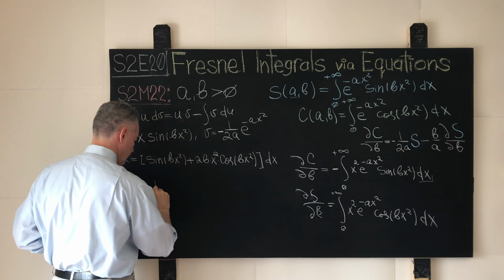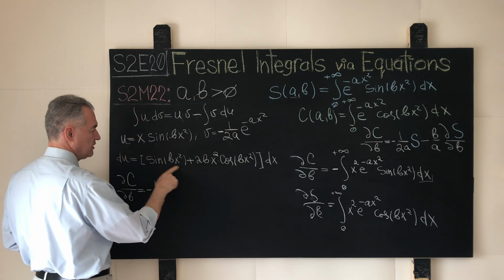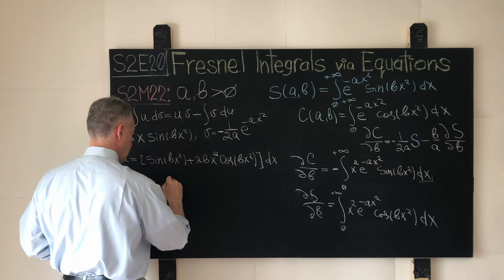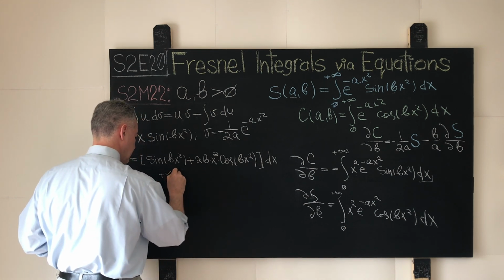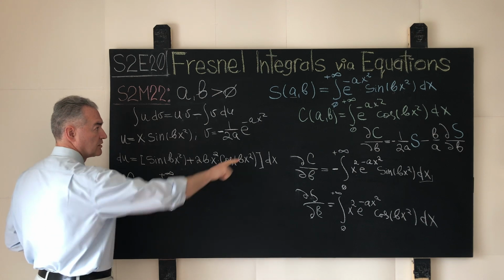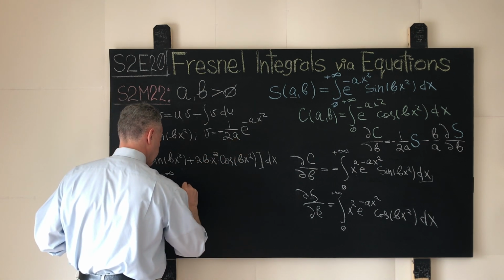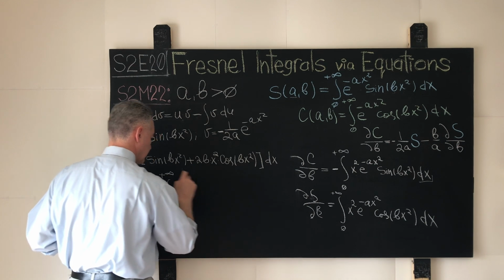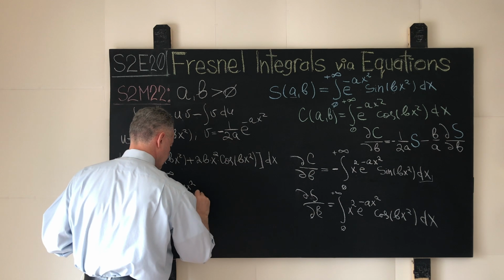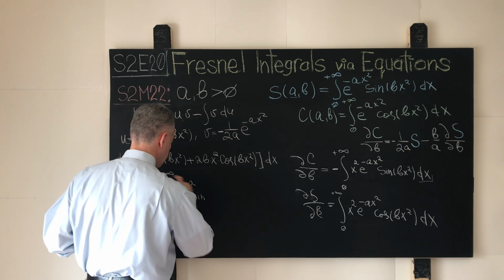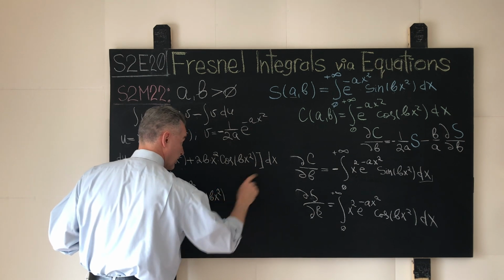Minus 1 over 2a times the integral, this guy. And what do we have here? The integral from 0 to positive infinity of what? Well, the exponent e to the power minus ax squared times this usual suspect over here. This is sine, the trigonometric function of sine evaluated at bx squared dx.